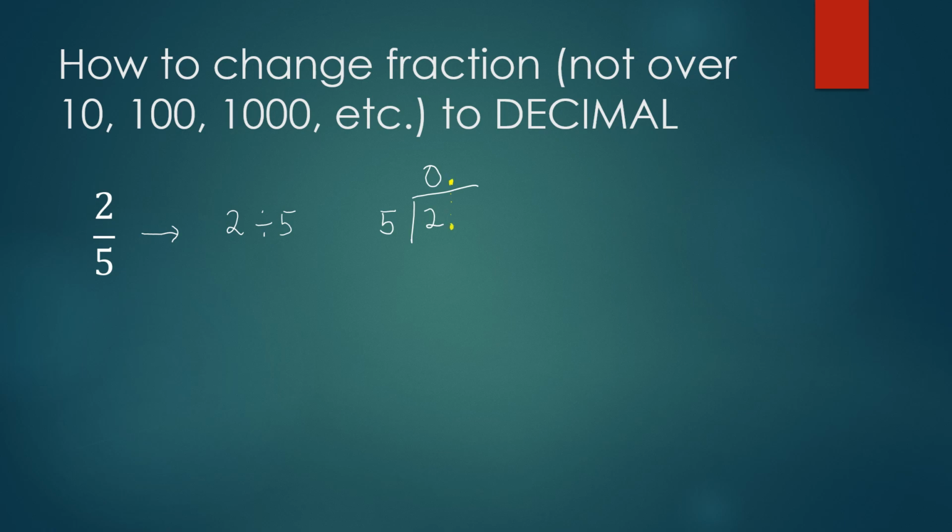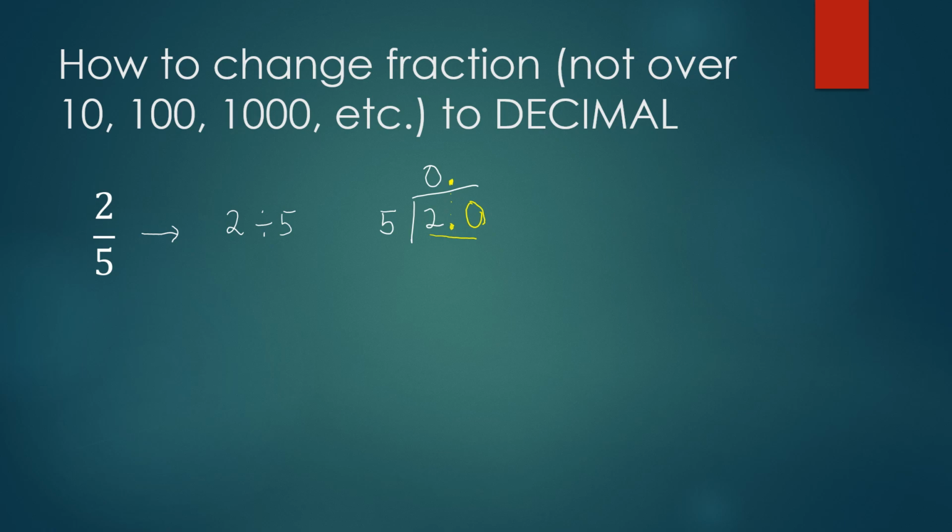So after affixing the decimal point, we affix a 0, and then now we can start dividing 20. When we are dividing, you pretend that you don't see a decimal point. So you read it as 20 because you have already moved the decimal point in the quotient part.